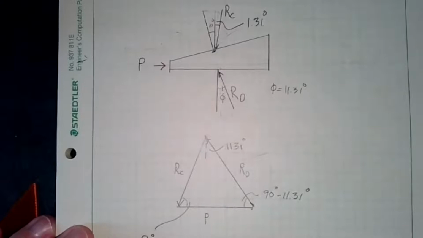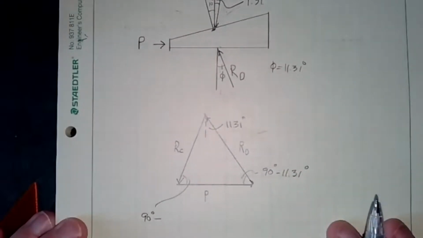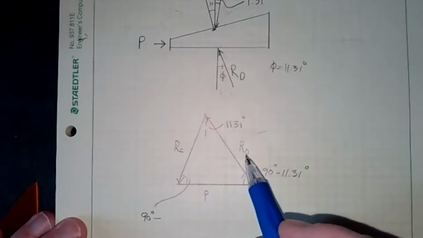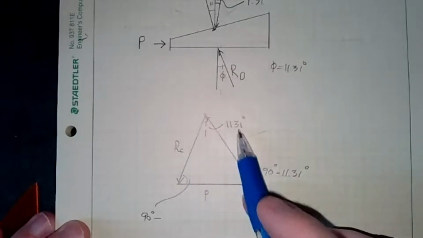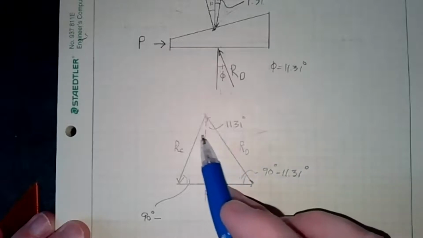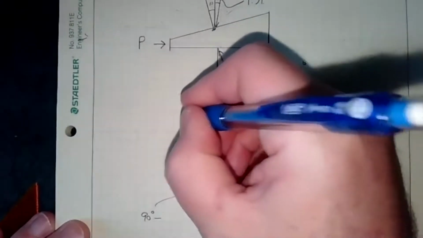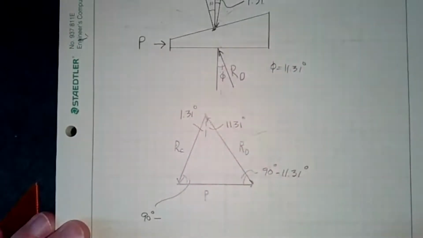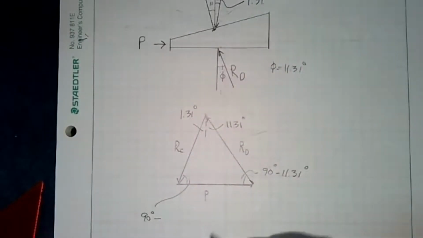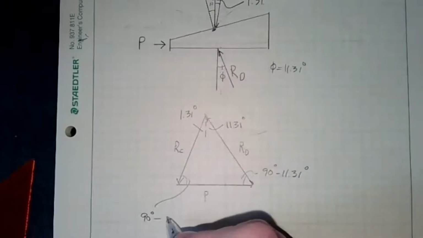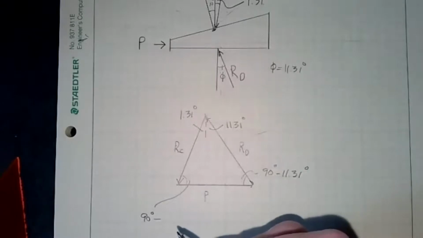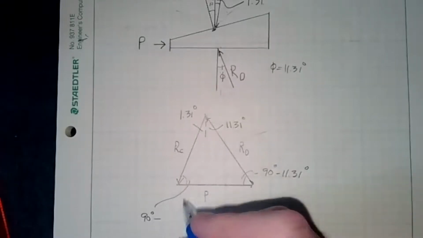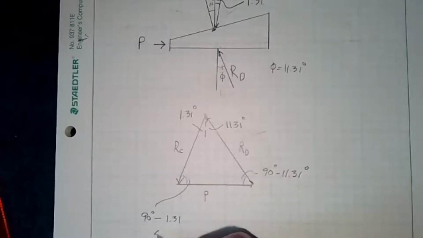But if we look at that again and put it in our force triangle, I've just reversed it. I have RD on this side, RC on that side. And now the normal RD side is 90 minus 11.31. But now this is only 1.31 degrees, which then makes this down here essentially 88.69 degrees.